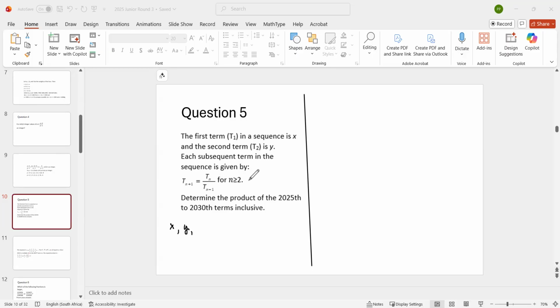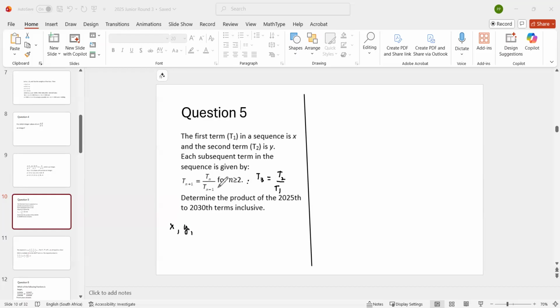So for instance, if I want to work out the third term, I'll have to put n equals 2 here. n equals 2 gives you t with a subscript 3 in it. And here you have t with n equals 2, so it's t2, and n equals 2, 2 minus 1 is 1, over t1. So in other words, the third term is the second term over the first term, right?